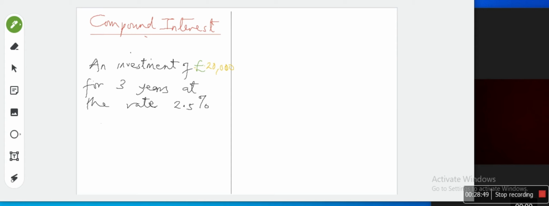Are you ready? Now, in compound interest, because I said it's going to be compounded, you do it for the first year. What will be the interest after the first year? Interest is principal times rate times time over 100, is it not?